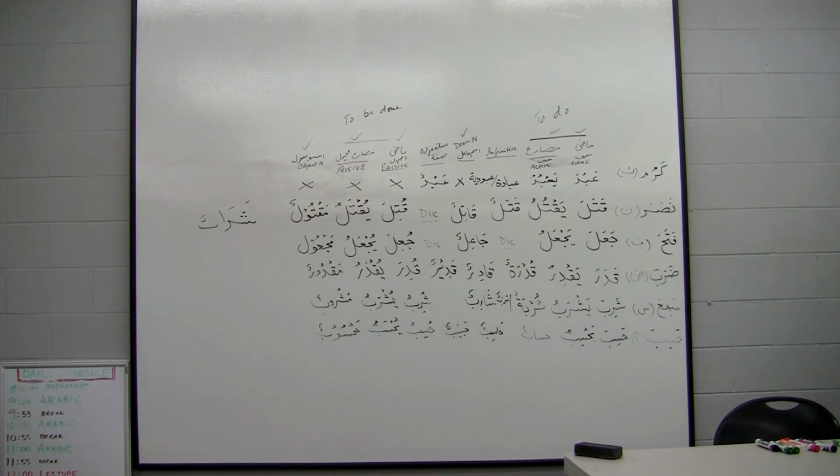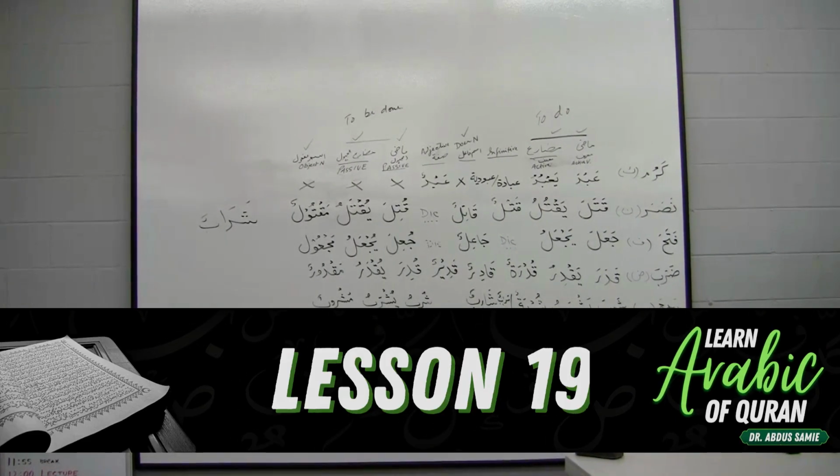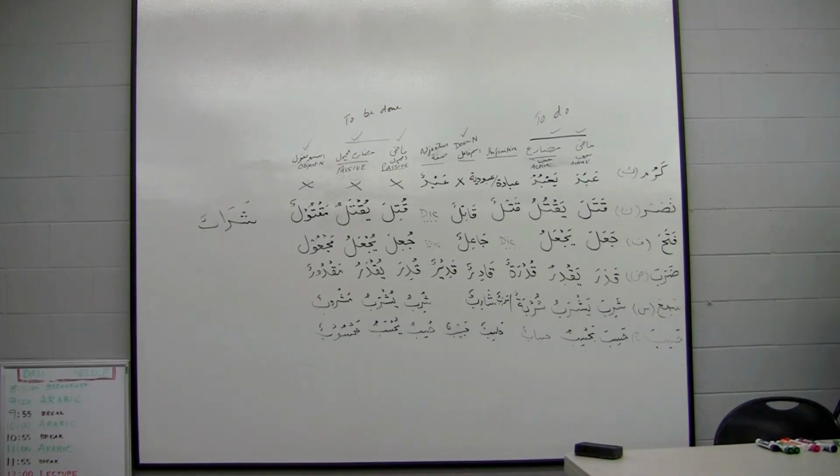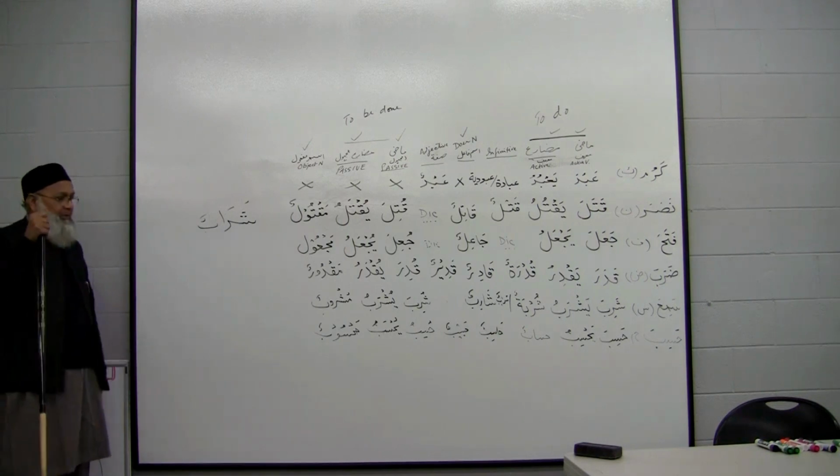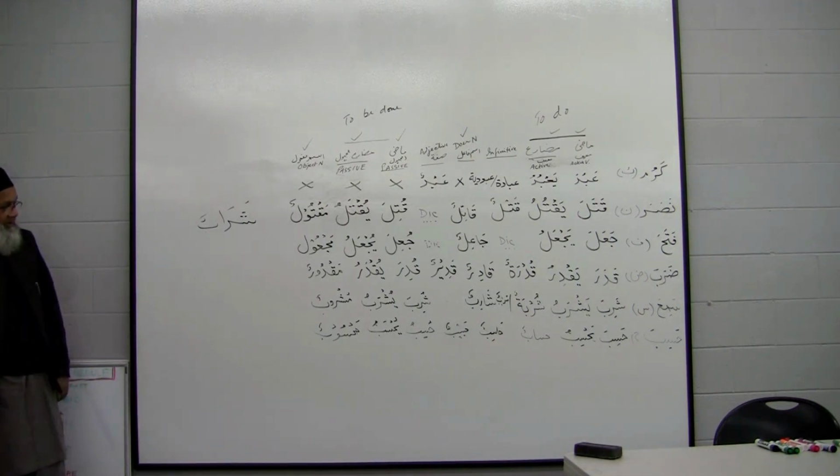Then passive voice is qudira, yuqdaru, maqdurun. Then is bab samia. Example is seen ra ba, used for drinking. Shuriba yushrabu, mashrubun.